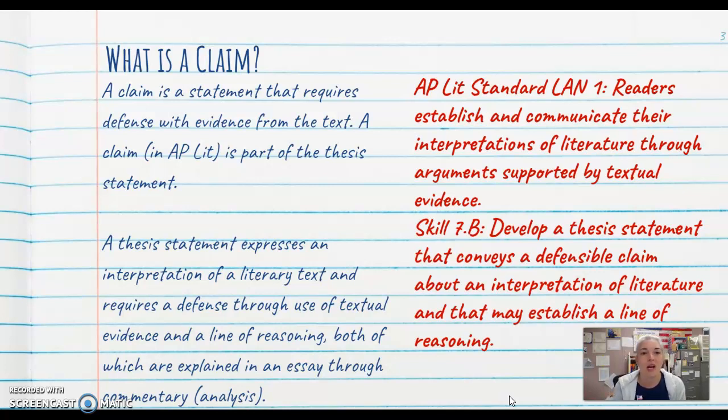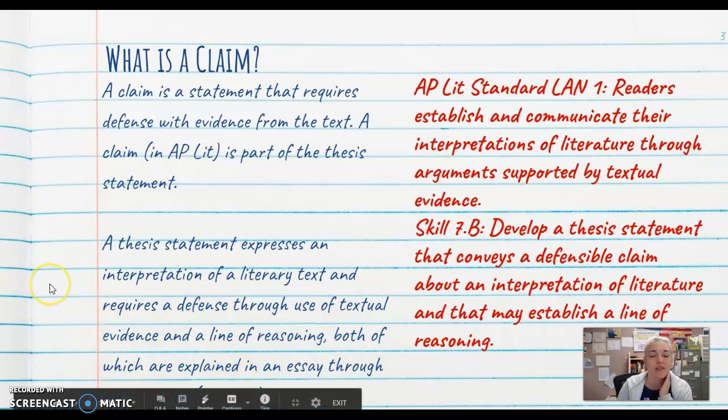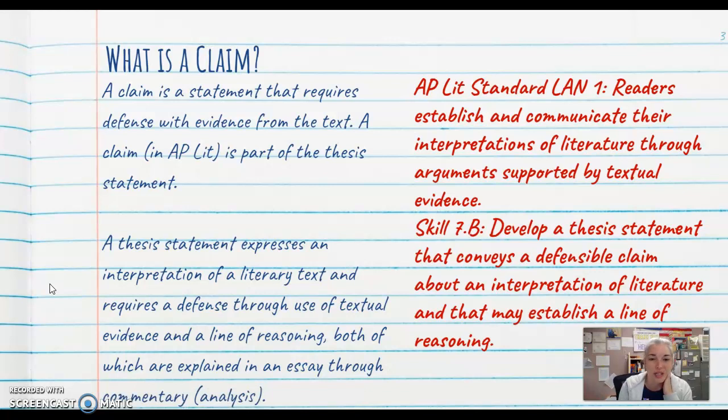So what is a claim? A claim is a statement that requires defense with evidence from a text. A claim in AP Lit is part of the thesis statement. And then over here is the definition of a thesis statement. A thesis statement expresses an interpretation of a literary text and requires a defense through use of textual evidence and a line of reasoning, both of which are explained in an essay through commentary, also called analysis.